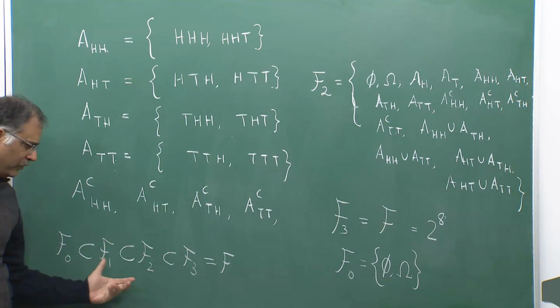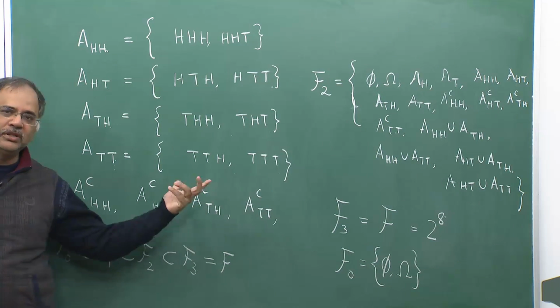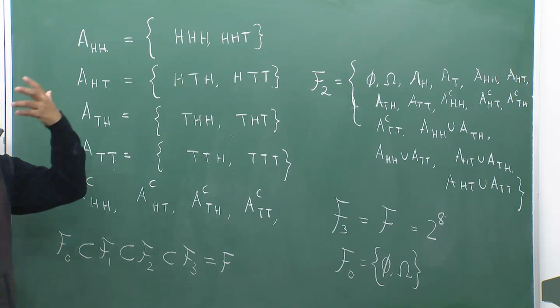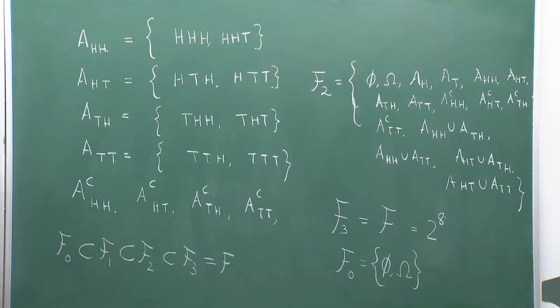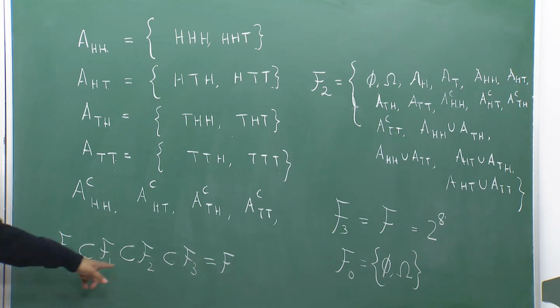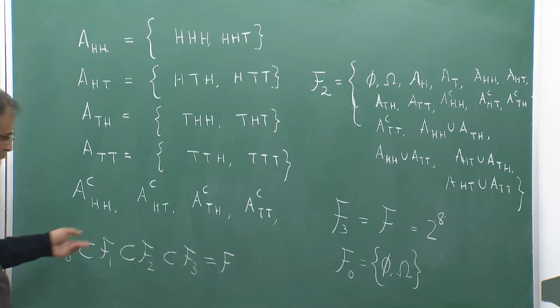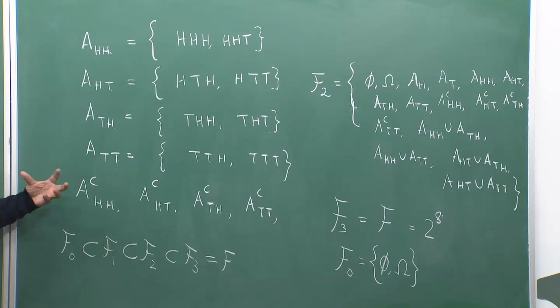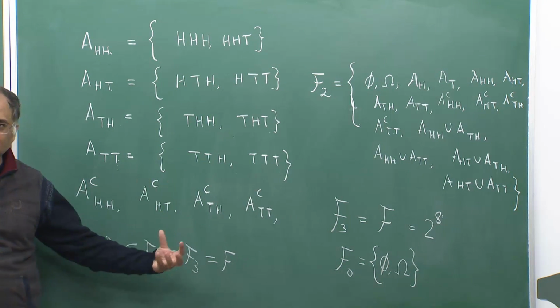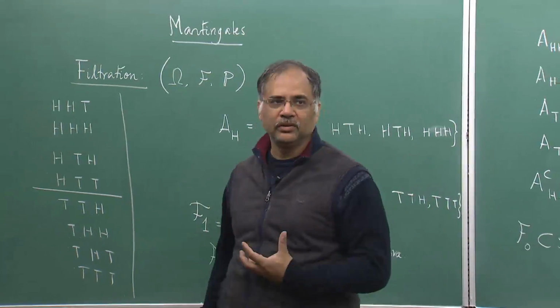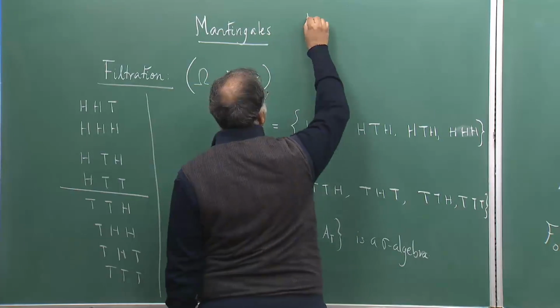As time evolves, more information is revealed, you know more about the structure of the sigma algebra. Such a sequence of sigma algebras, each of which is a subset of the original sigma algebra and each of them bigger than the previous one, such a thing is called a filtration, which we can obviously formally define.